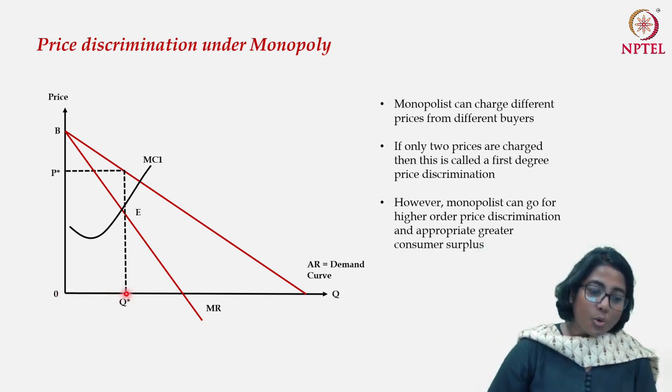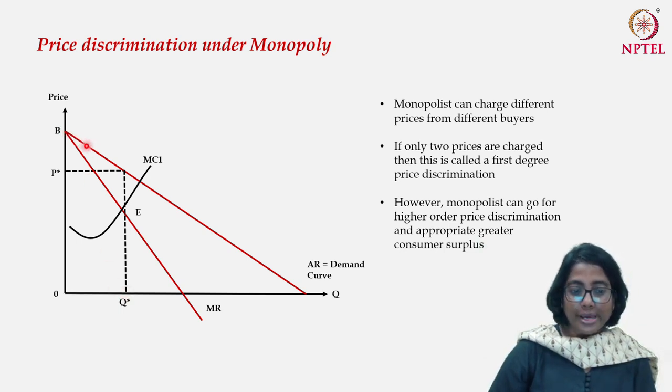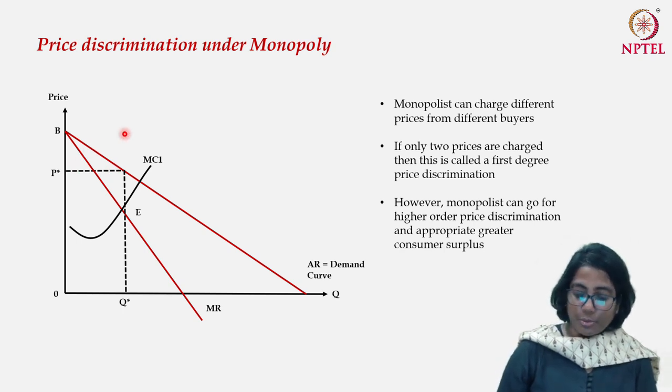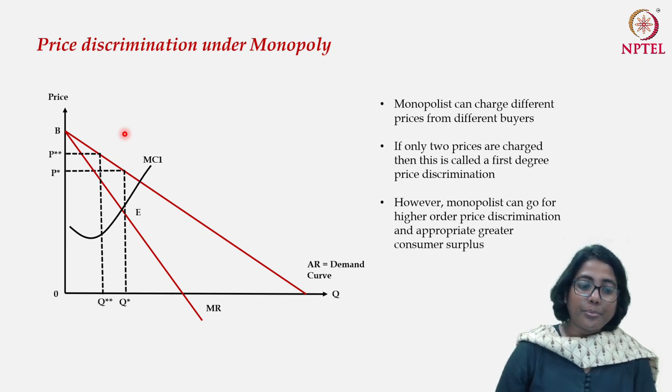Now for this OQ star amount of product, there are some people who are willing to pay higher than the price P star. So instead of charging P star, even if I charge them higher than that, they will buy this product. So the monopolist can make two price slabs, one P double star and the other P star.